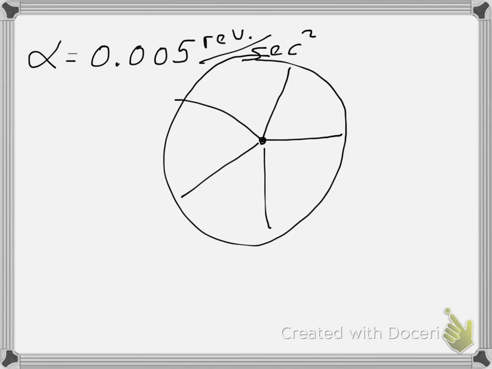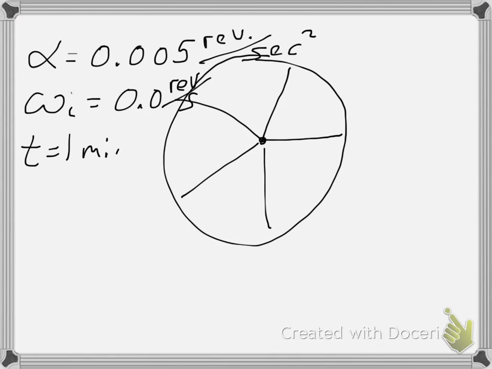Let's say that it starts from rest, so omega initial is 0, and after 1 minute we want to know through how many revolutions our merry-go-round has gone.